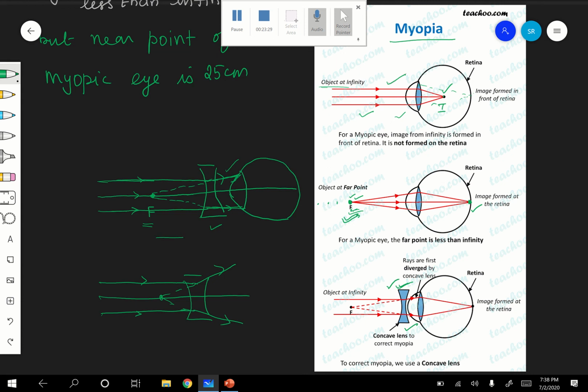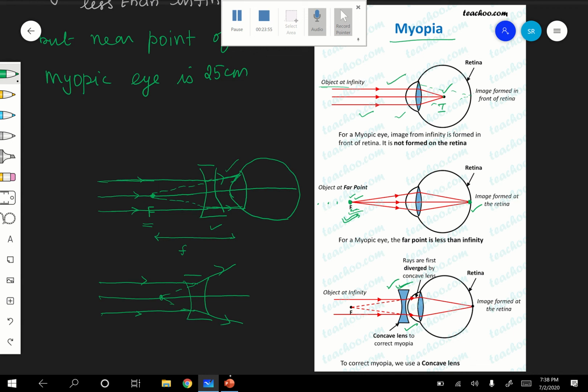You are not going to keep the lens 1 kilometer away; the spectacles are very close to our eye. So this distance is nothing but the focal length of the corrective concave lens. Are you following, children? Very, very important.